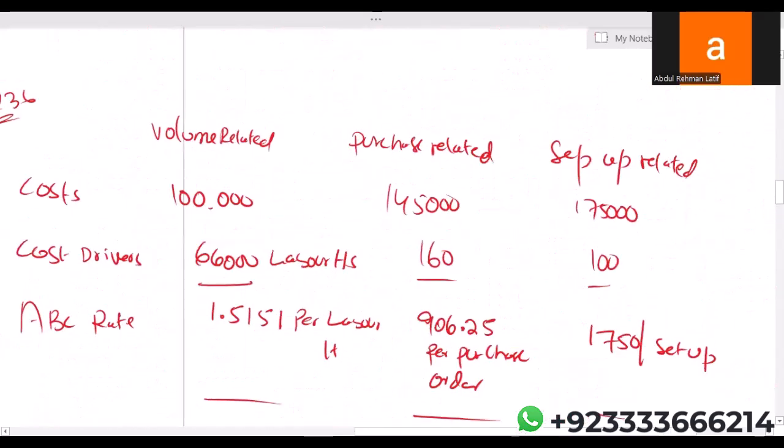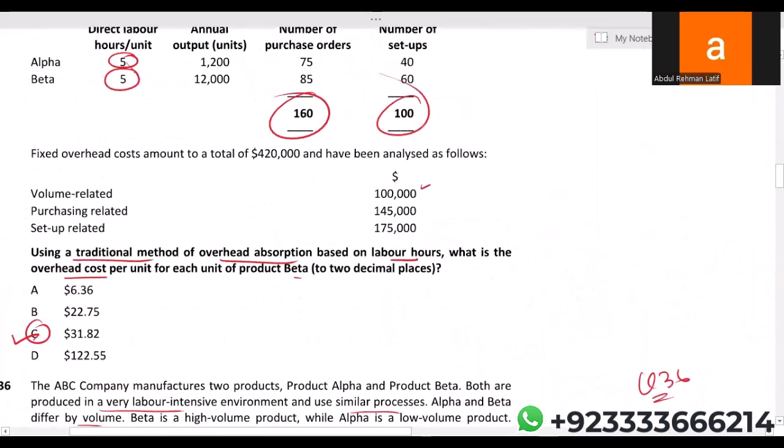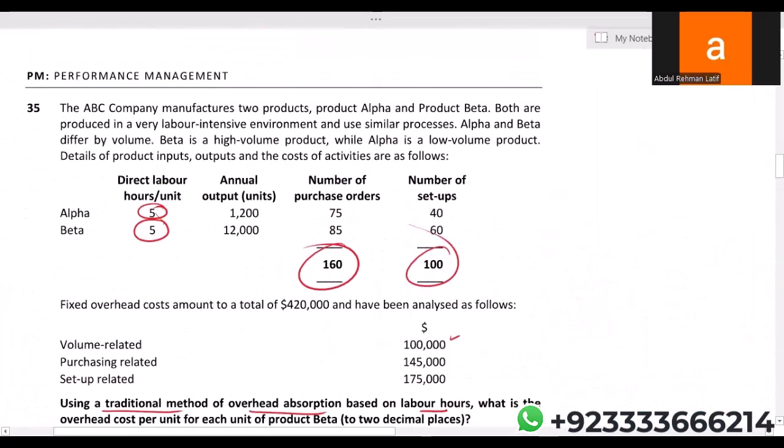Now the same applies on purchase orders. Number of purchase orders which belong to alpha are 75, and number of purchase orders which belong to beta are 85.